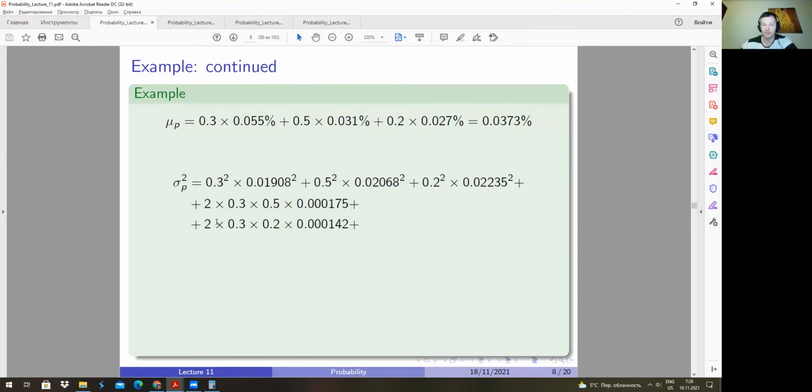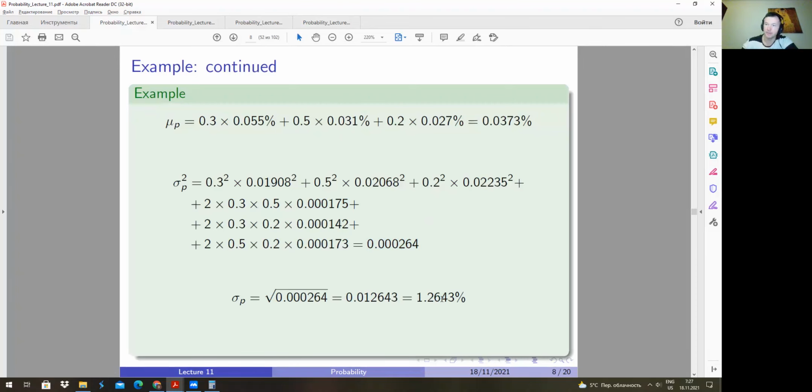Plus 2 times the weight of Adidas times the weight of SAP times the covariance between Adidas and SAP. Plus 2 times the weight of BMW times the weight of SAP times the covariance between BMW and SAP. So finally, the variance of the portfolio is here. Now, when I take the square root of this variance of the portfolio, I get 1.2643.